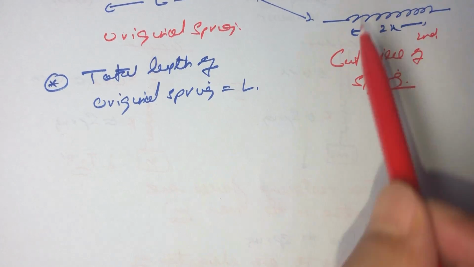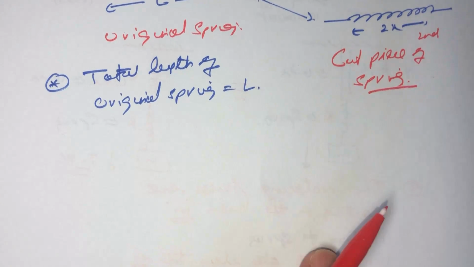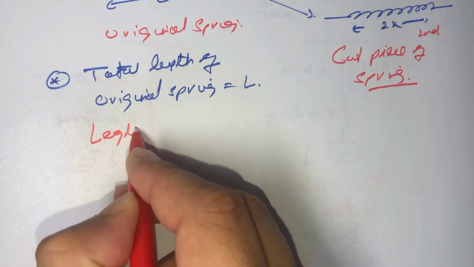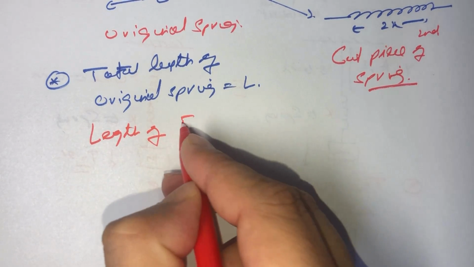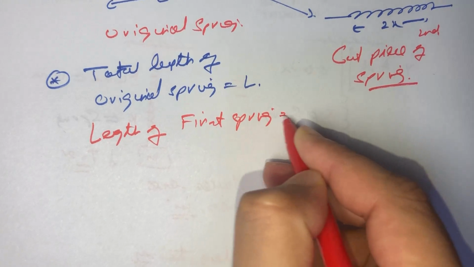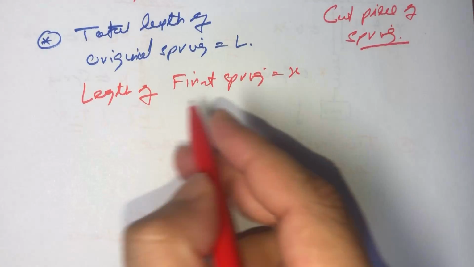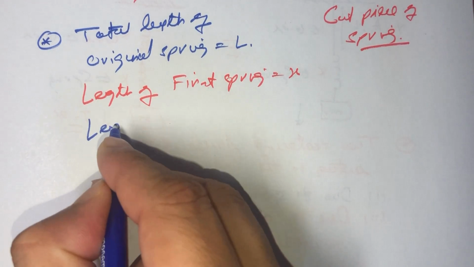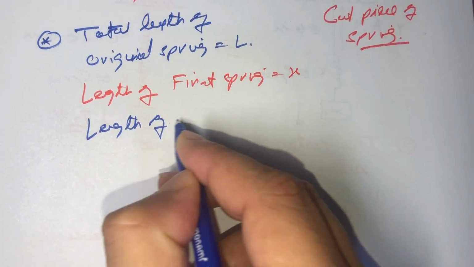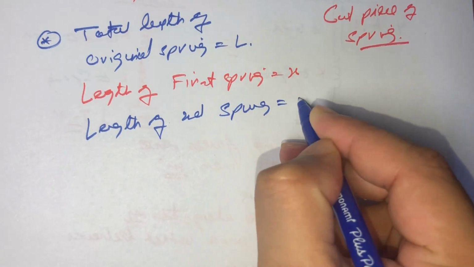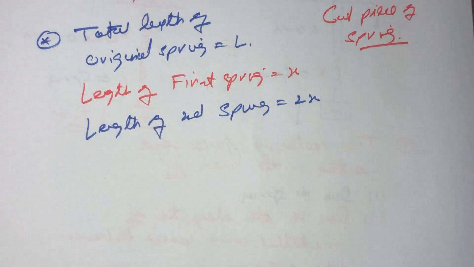Length of first spring is x and length of second spring is double, which is 2x.